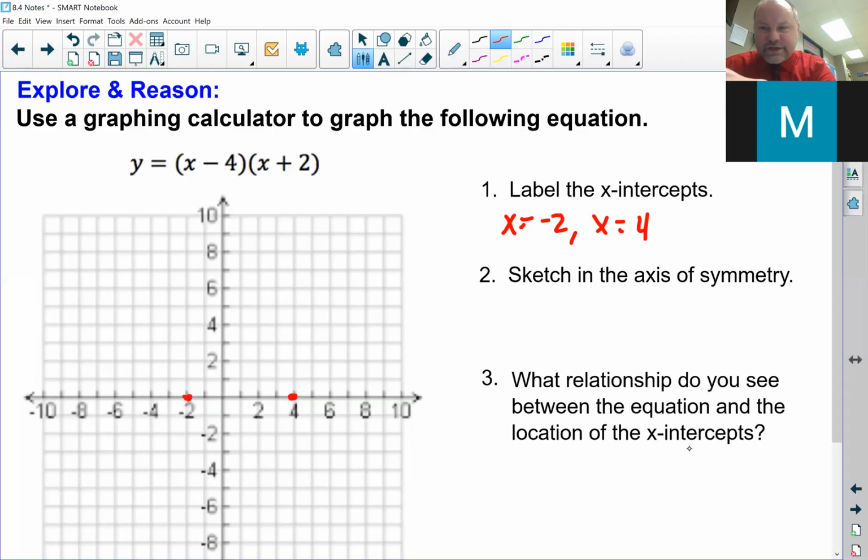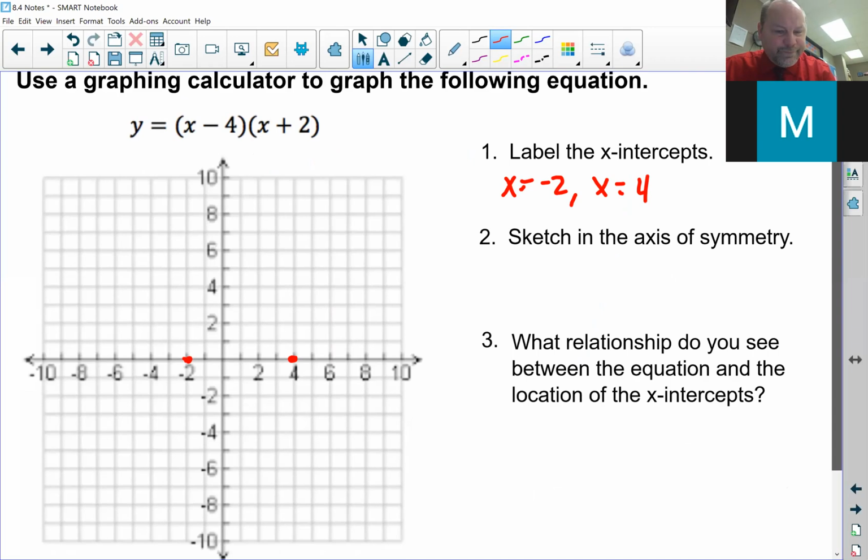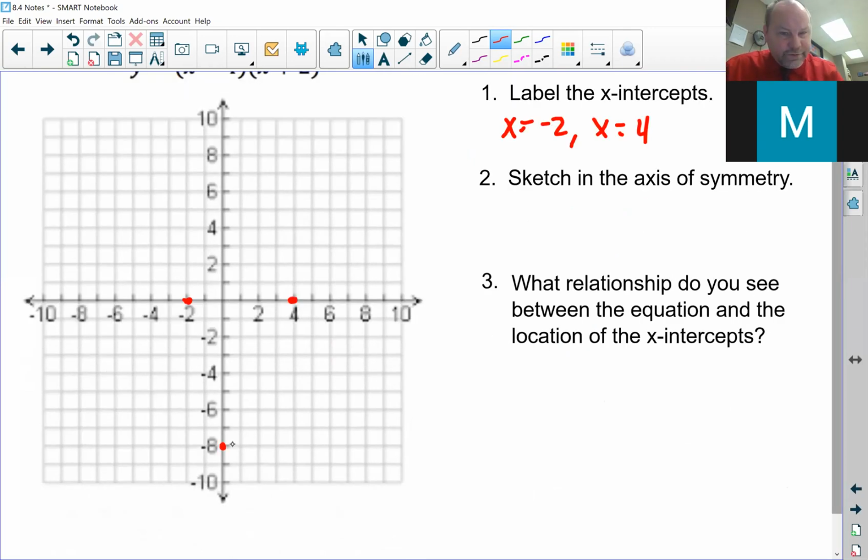Even though it didn't ask, I'm going to put it in. And it looked like we have an axis of symmetry at x equals 1. Ooh, that's bad. Bad drawing, Mr. Gingrich. So it looked like it went something like that.